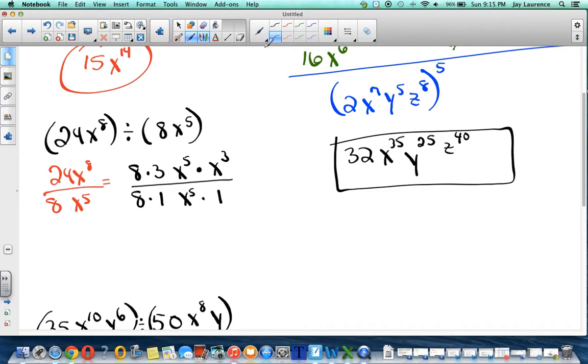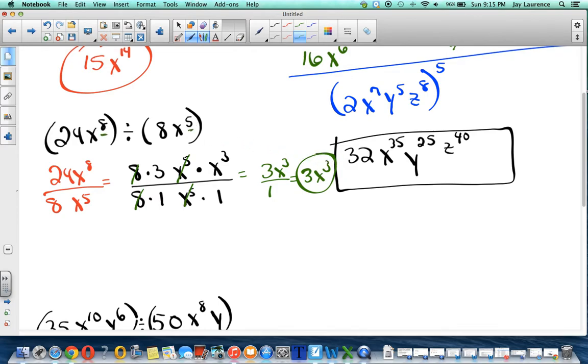Don't put a times x, because that won't be x to the 5th anymore. All right, the 8s are going to cancel. The x to the 5ths are going to cancel. And sure enough, I'm going to have 3 times x cubed, that'll be over 1 times 1, or better yet, just 3x cubed. Pretty easy. Hey, look at that. My exponent is 3.